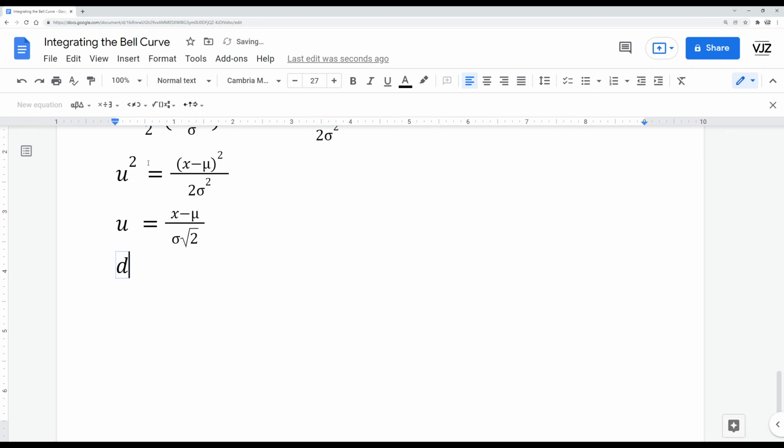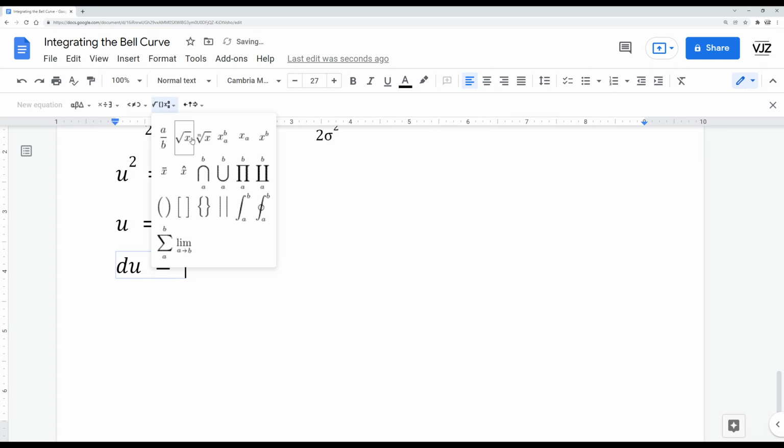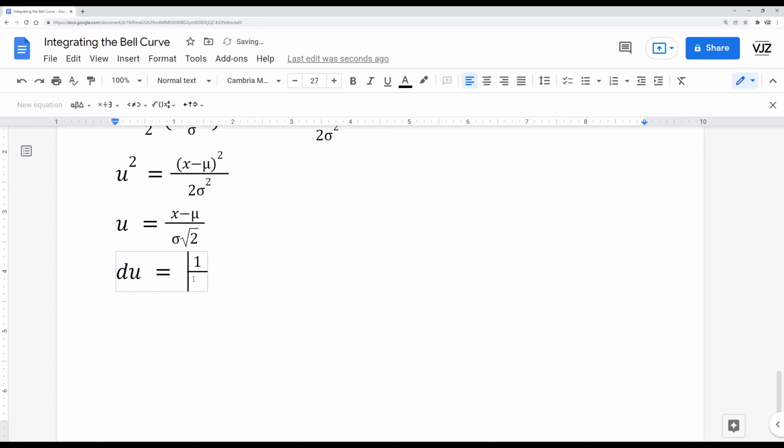So du, let's put it this way just to be extra clear. Can we extract the denominator out? Yes, we can. And then it's just x minus mu.